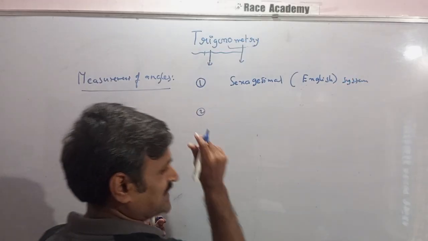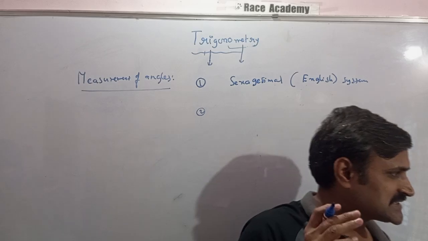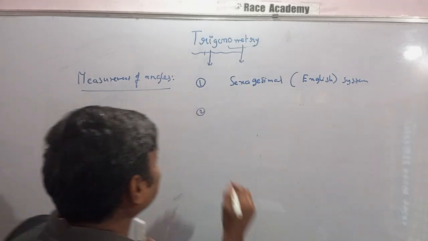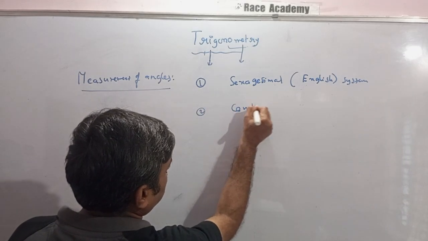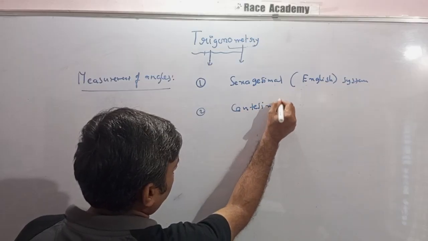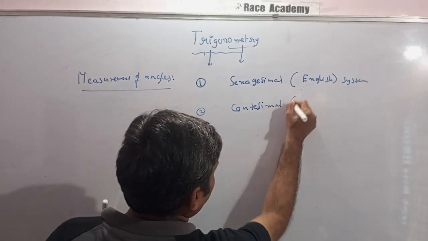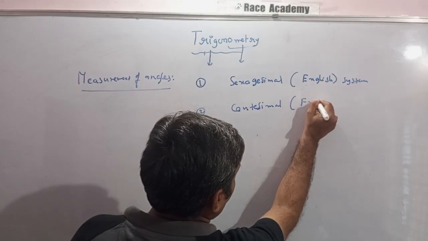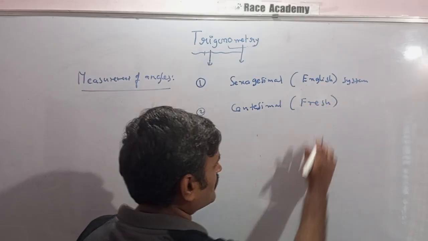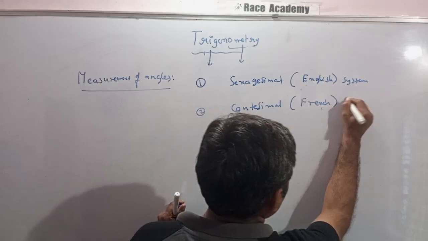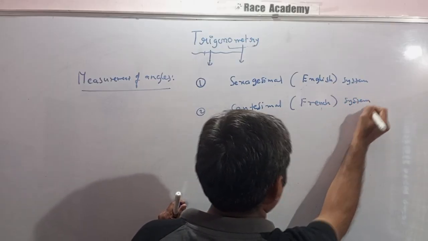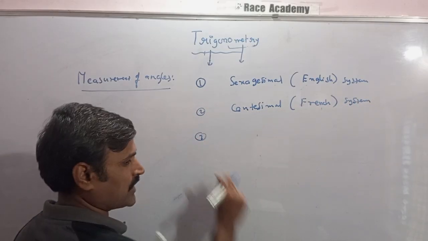The second one is the centesimal system. Actually this system was developed by French people. That's why we will call it the French system.